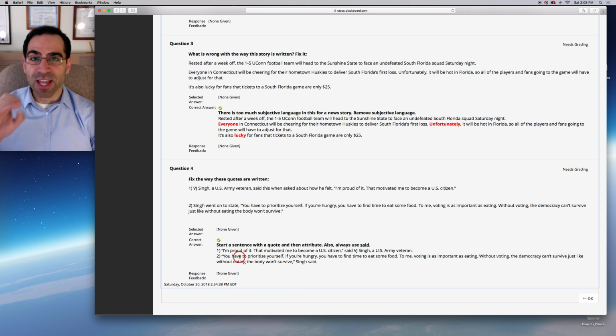This is the standard. This is the way you're going to do it 90% of the time. So learn how to do it this way, and as you get more advanced, then you figure out when to bend those rules, because there's usually a reason to do it. For right now, though, here's the formula: quote, attribute it, said. That's the formula that you've got to know.